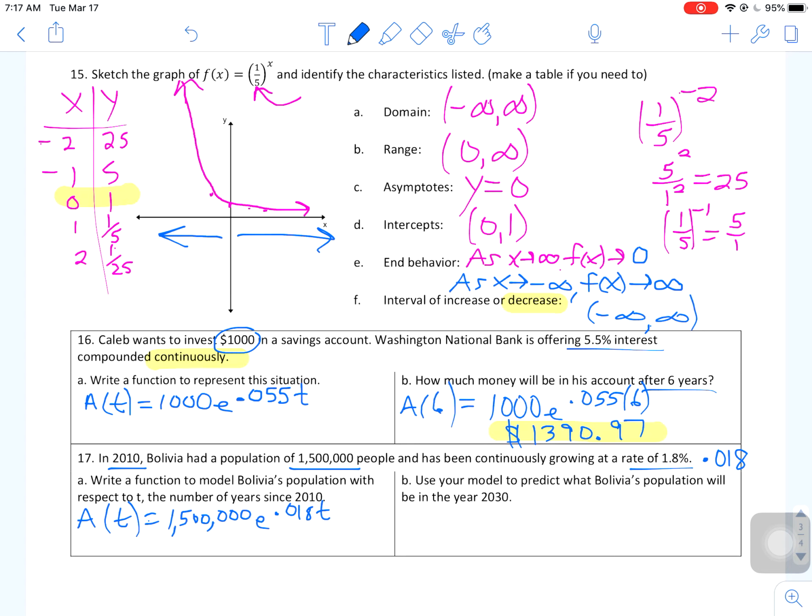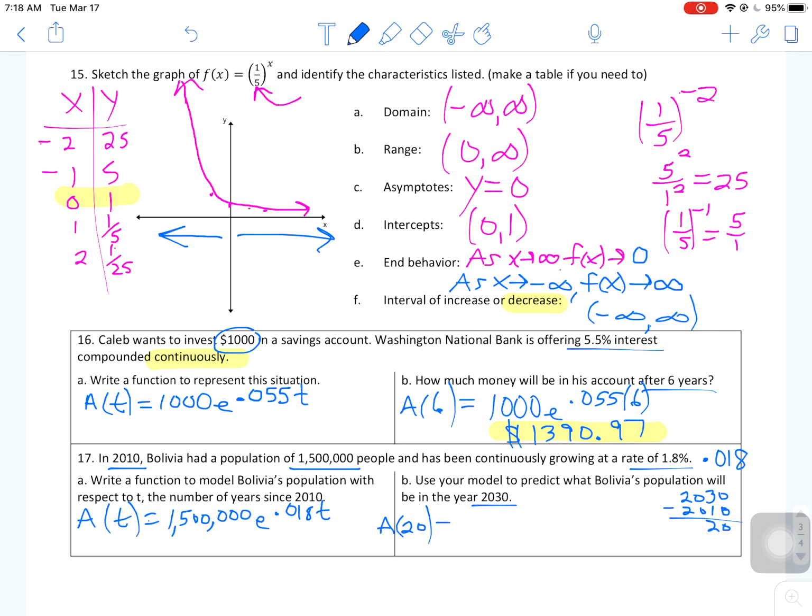And then for part B, since we're talking about the year 2030, to go from 2010 to 2030, I'm just subtracting over here off to the side because I saw a lot of you struggling with this on the first formative. From 2010 to 2030, that's 20 years. So when you're using the formula, you're going to let t equal 20.